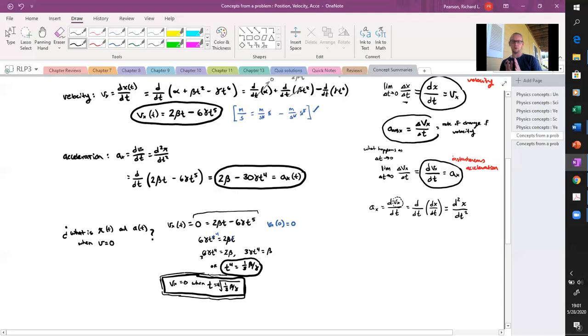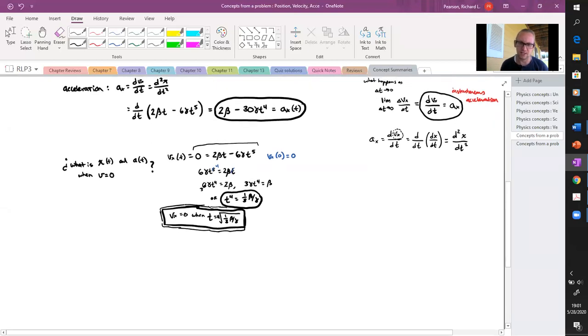Now, once we have this, we can then take this time and plug it in to our position, our acceleration, because we want to find that. Okay, so we know the time now that the velocity is equal to 0.